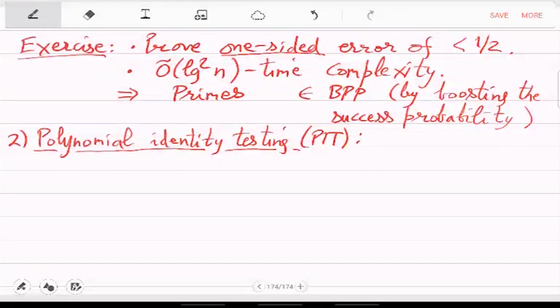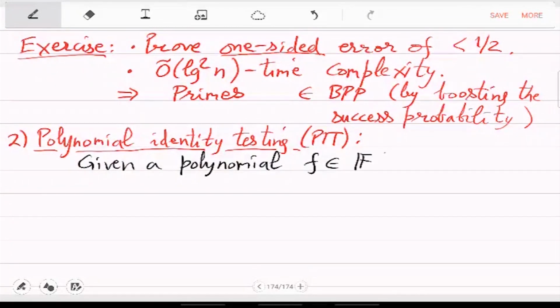So what is this problem? As the name suggests, you want to test for identities. Okay, whether some expression A is equal to another expression B. So we formalize it as follows: given a polynomial in n variables and some coefficients from some field F in a compact way.